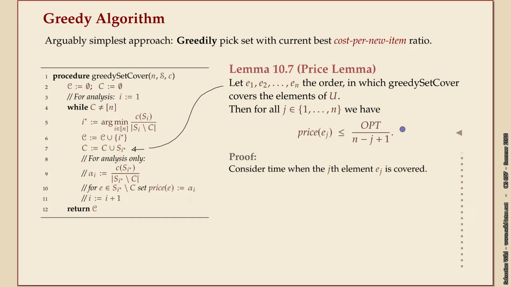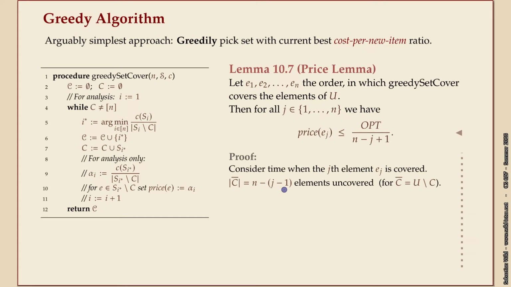Let's prove this. It's a simple proof, but I think it's insightful to do it briefly. Consider the time when we cover this jth element. Now, we usually cover those in batches, including an entire set, essentially in one time step gives you several elements, but we logically separate that into covering one element after the other.